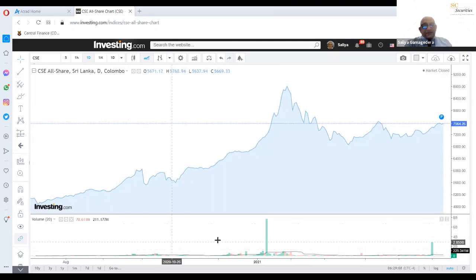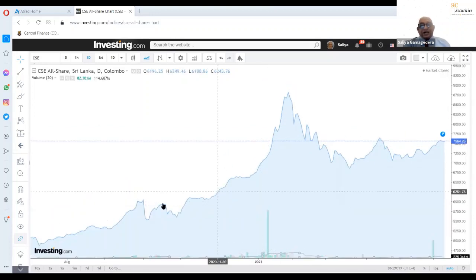At the same time, once you double click on the volume index itself like this, and you drag it up, you will see that both those features will appear in one single window like this.